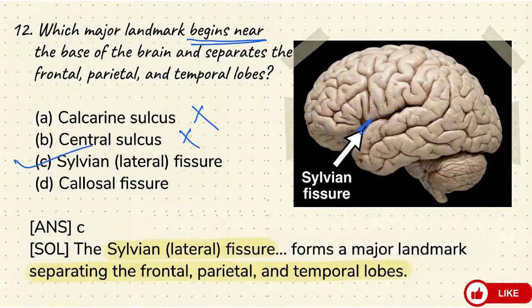The Sylvian or lateral fissure forms a major landmark separating the frontal, parietal and temporal lobes. So this is the frontal lobe, here you will find the parietal lobe and temporal lobe. That major partition is formed by the Sylvian or lateral fissure. A very, very important question.